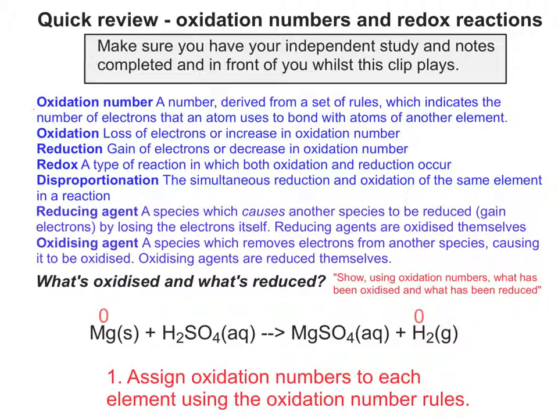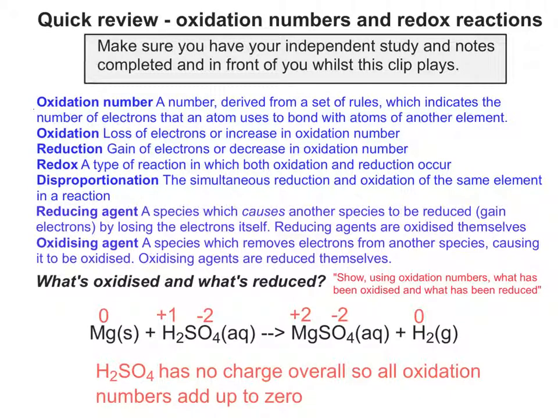So you've got oxygen or you've got hydrogen. Now the hydrogen uncombined is obviously an uncombined element, but hydrogen in a compound is +1. And oxygen in a compound is -2. And magnesium in a compound will adopt a +2 oxidation state because it's in group 2.